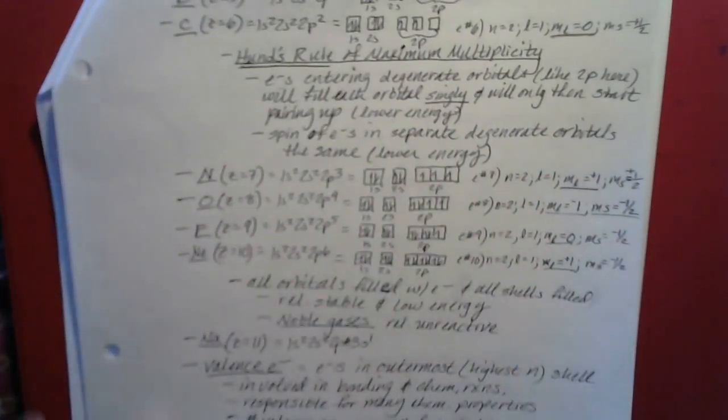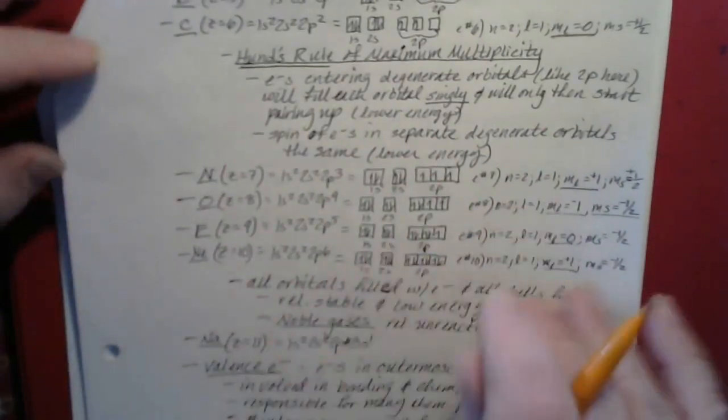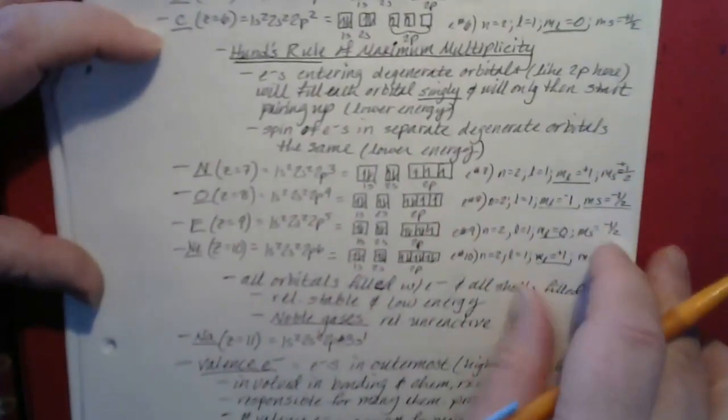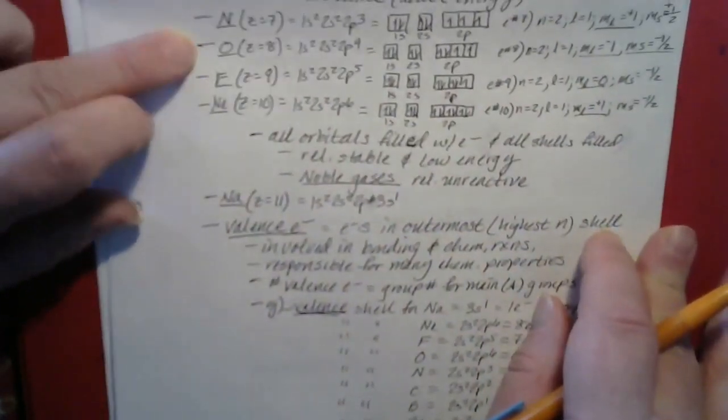Remember, they only have to be one up and one down if they're in the same orbital together. But if they're in separate orbitals of the same type, then they actually tend to point the same way. And that happens because there's a little bit of stability to be gained by doing it that way. Okay, so now we can continue on with a few more.